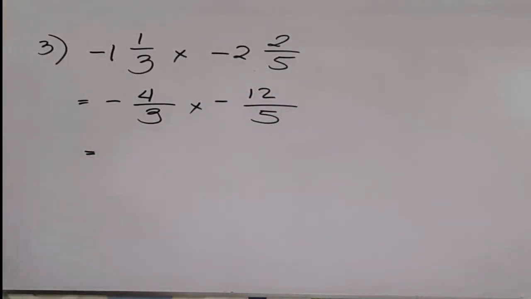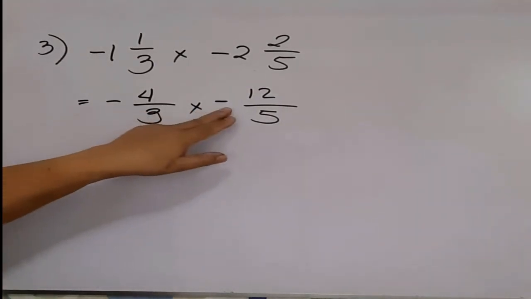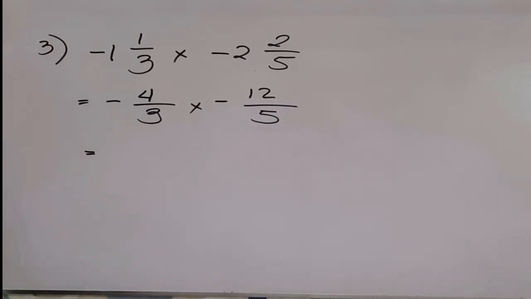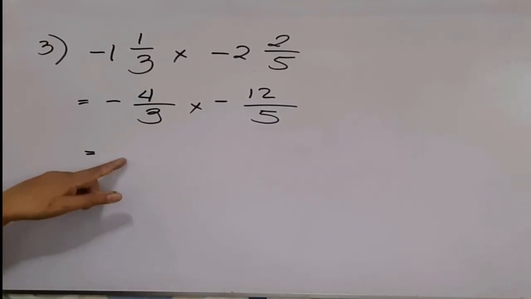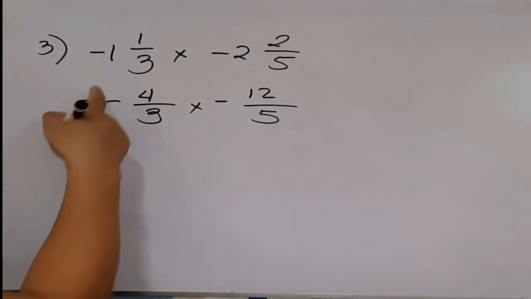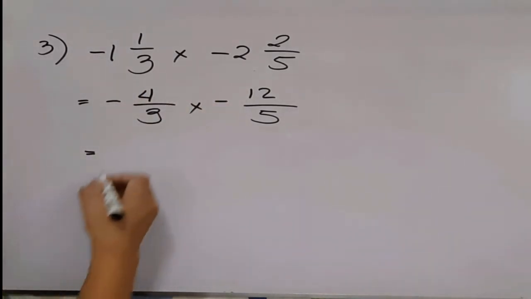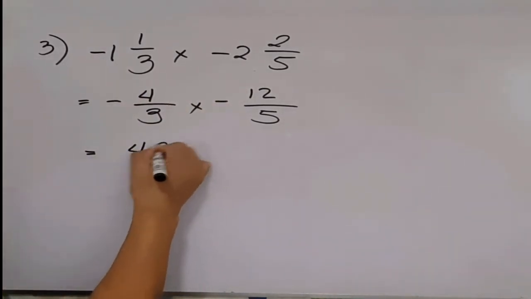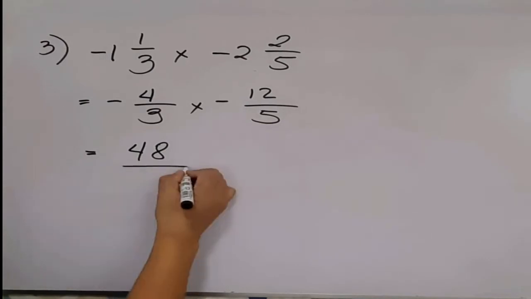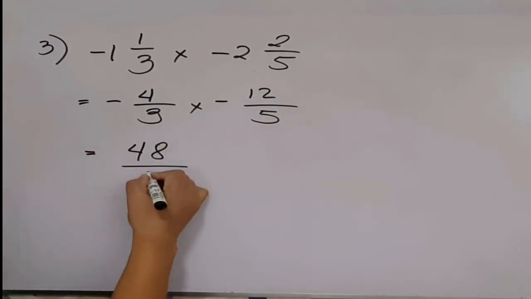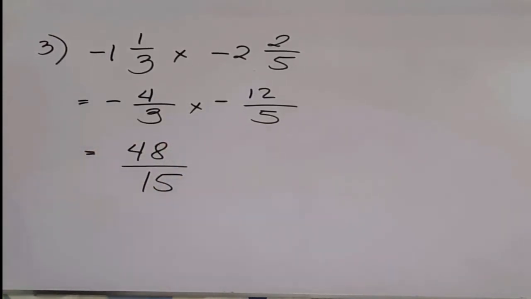And then, we proceed with the multiplication. Again, a negative times negative is positive. So, no need to write the positive here. 4 times 12 is 48. 3 times 5 is 15.